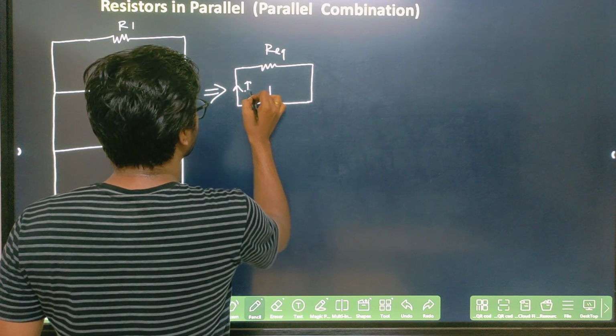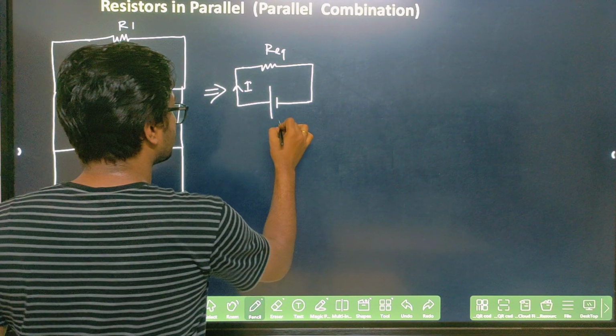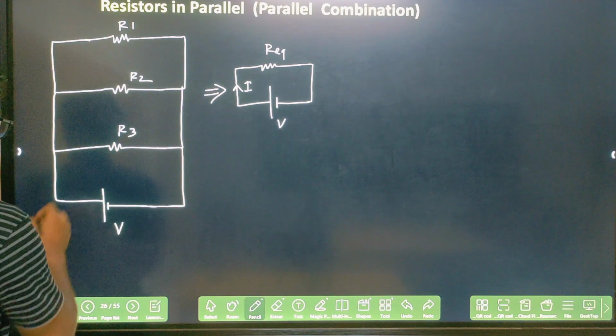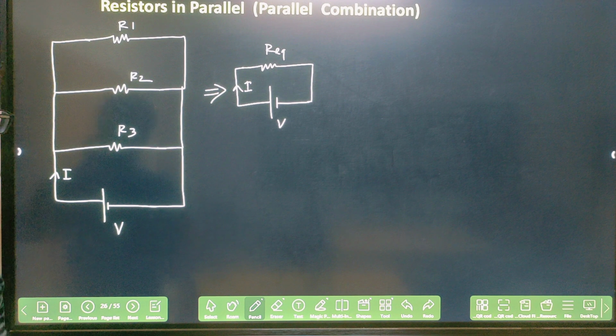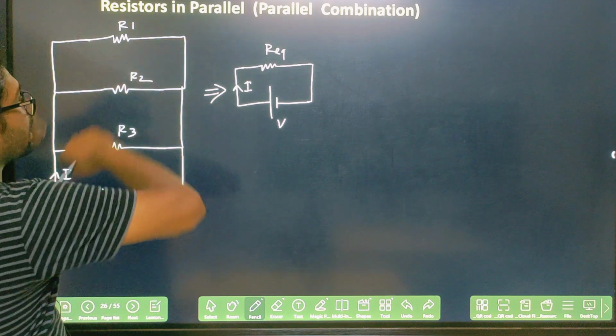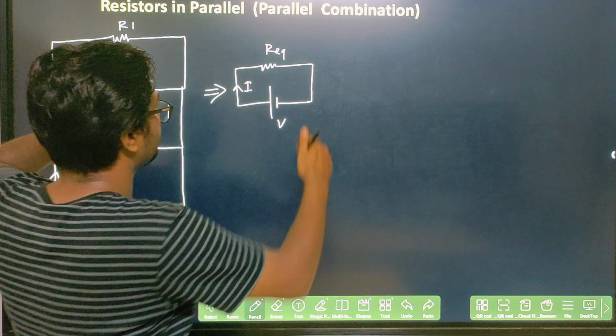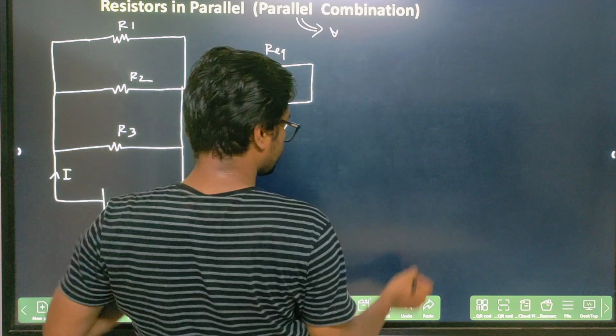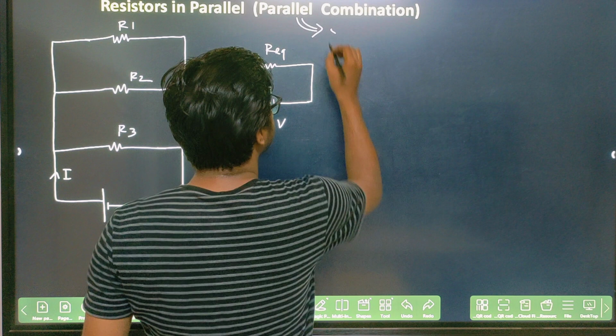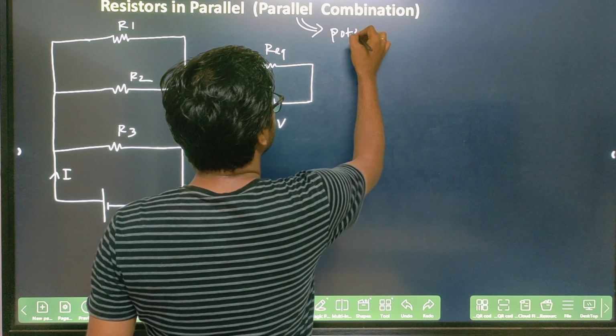Current I will flow here if this is your V, and here also current I will flow. But all are connected in parallel. So in a parallel combination, you have to remember that the potential is the same.